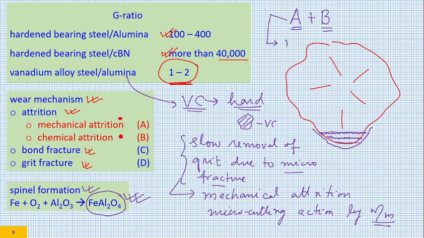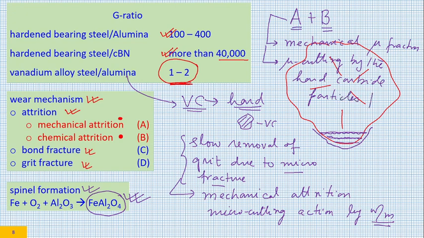A can be because of purely mechanical microfracturing of the grit, or there could be micro cutting by the hard carbide particles present in the work material. So these are the variants that you have.